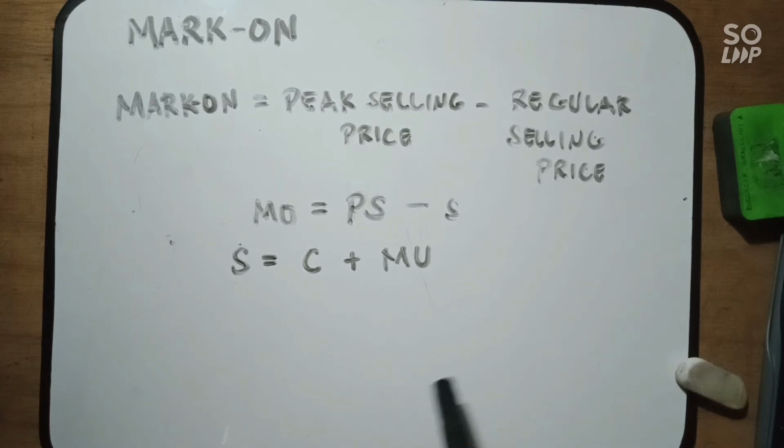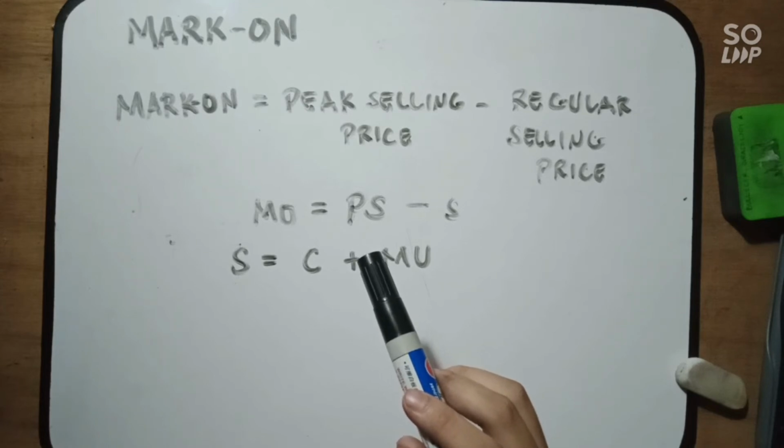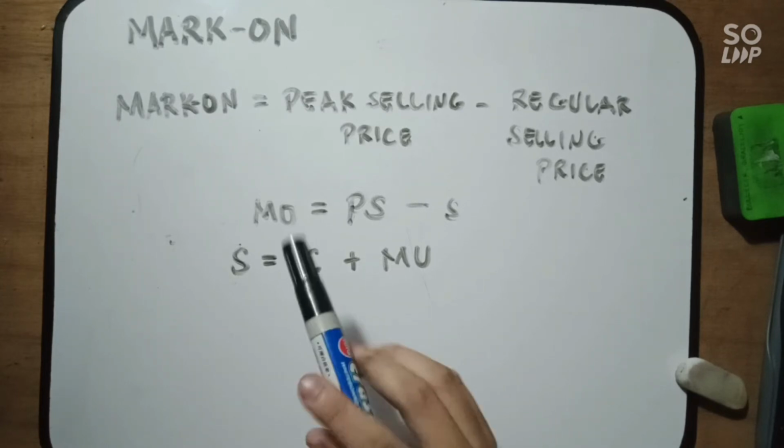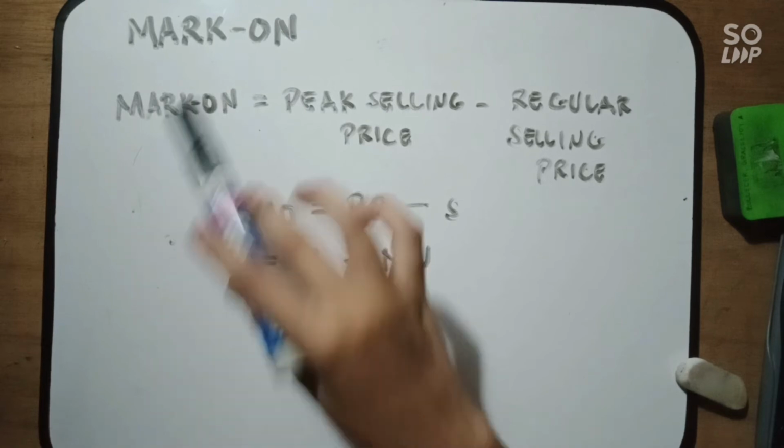So after that, there is an addition to the price of the goods or services offered. This is now the addition to the regular selling price, and this is what we call the mark-on.